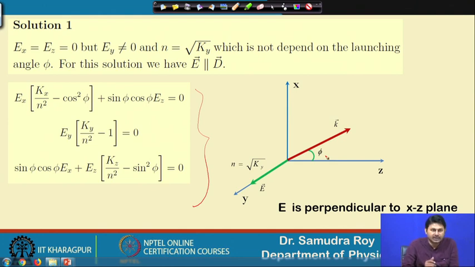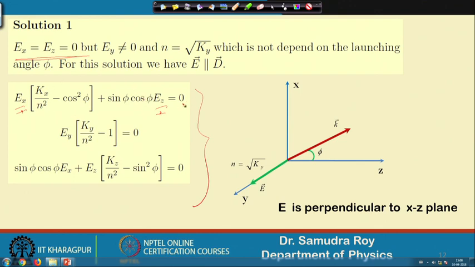The first solution we are assuming is E x and E z both 0. If E x and E z are both 0, then this equation and this equation are consistent, because if I put E x equal to 0 here, then this thing is 0.